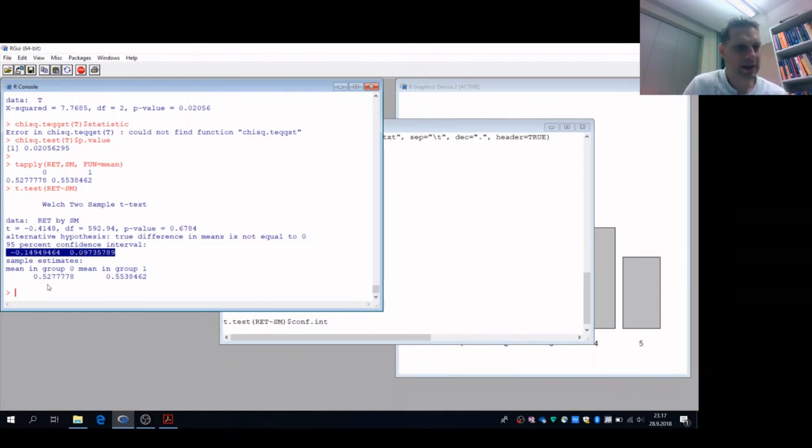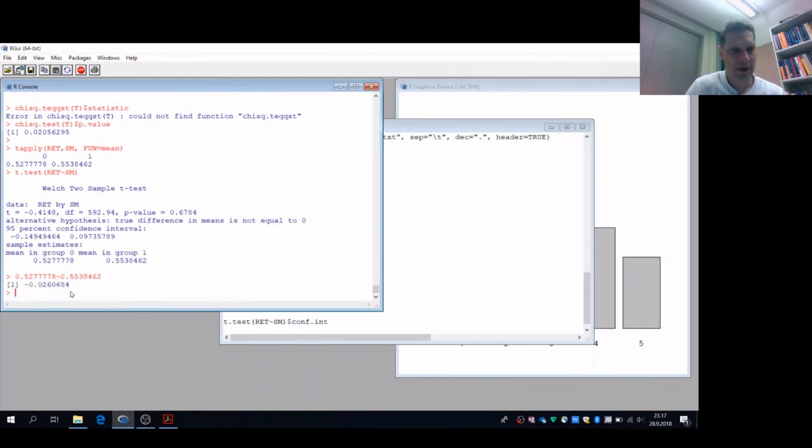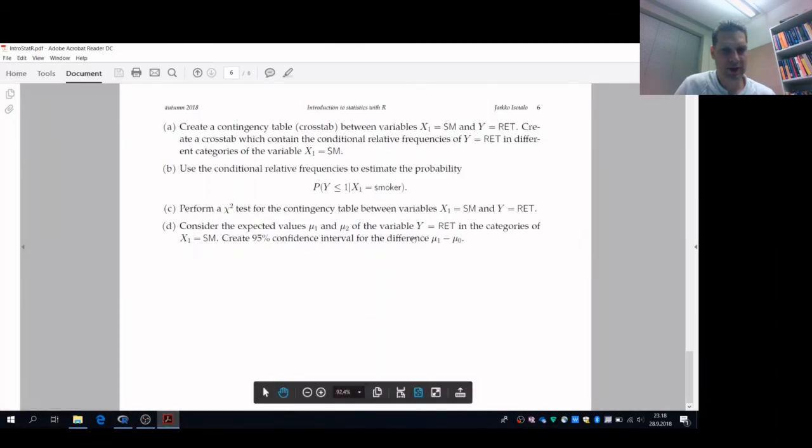So these were our estimates. We were able to calculate by ourselves, and the difference is then between these numbers. We can use that as a means of calculating the difference of sample means, and in my opinion they are pretty close. And then what is asked here is to calculate a confidence interval for this difference.